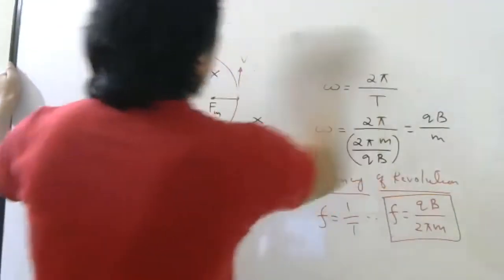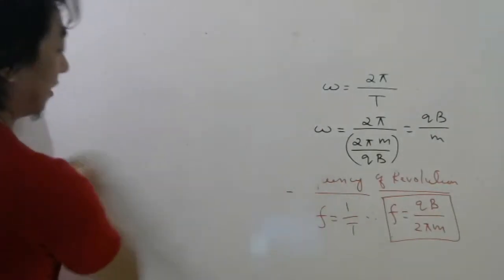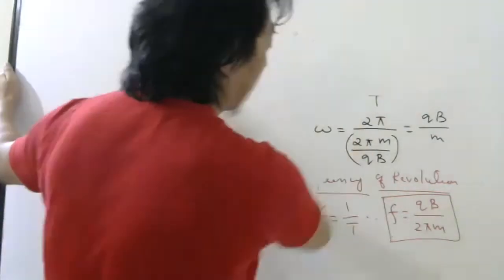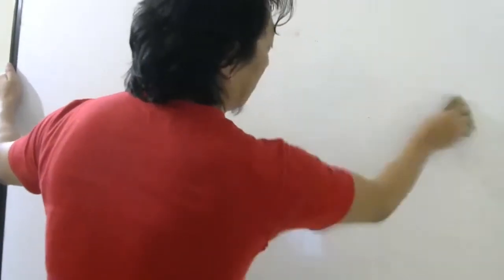Now, since you know that time period and even the radius depend on the kind of particle, different particles may have different charge, different mass, right?